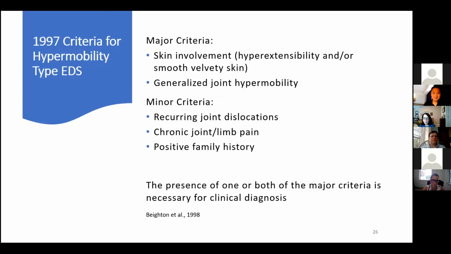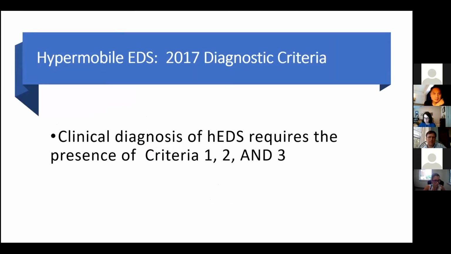And so the effort in 2017 was to narrow the diagnostic criteria and generate a more homogeneous group of people in that bucket of people. And it was renamed hypermobile EDS and now requires 3 different criteria for establishing the diagnosis.